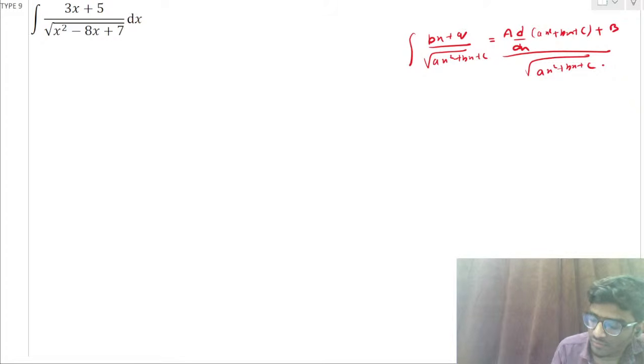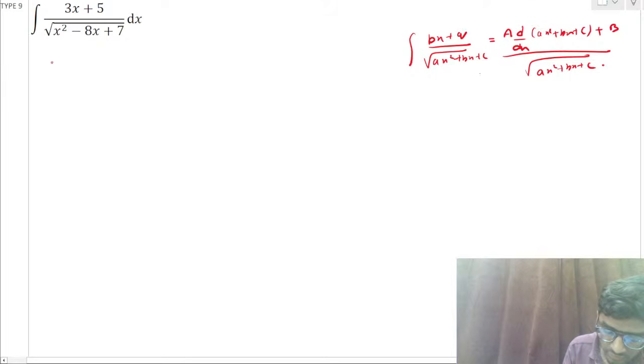So when we find a and b, we will split this integrand into a sum of two different terms. Here it is given 3x plus 5 upon under root x square minus 8x plus 7.